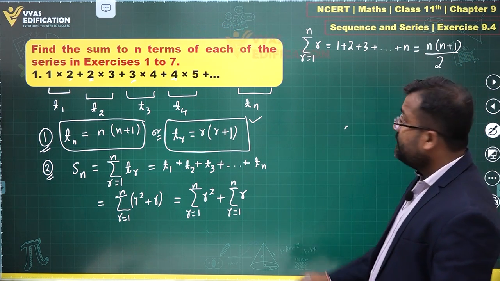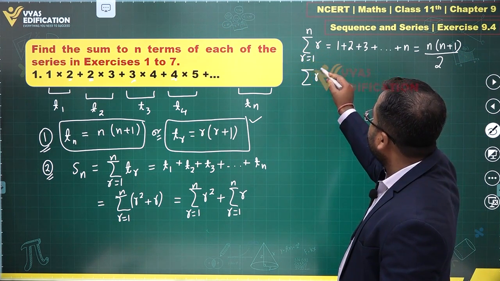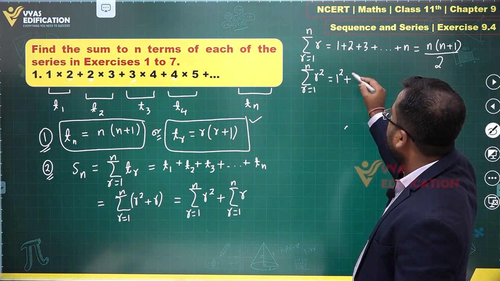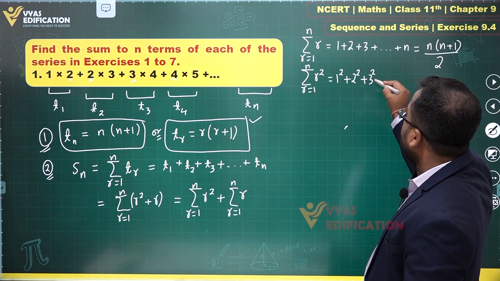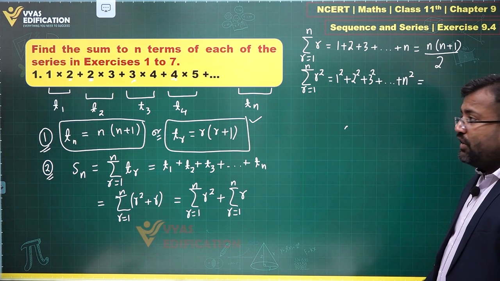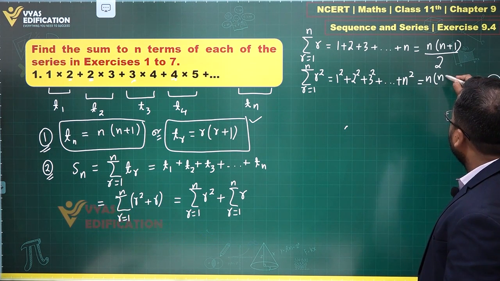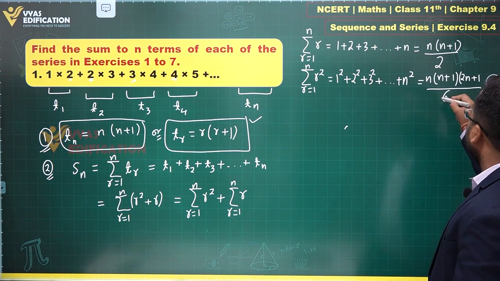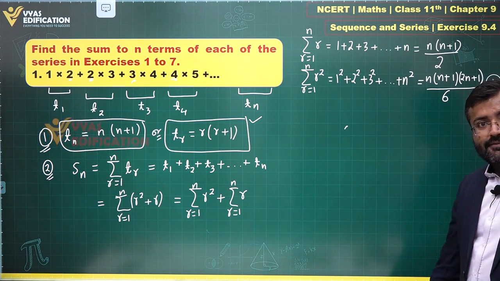Summation of r square, r is equal to 1 to n, is 1 square, 2 square, 3 square, dot dot dot up till n square, and that summation is equal to n times n plus 1 times 2n plus 1 upon 6.